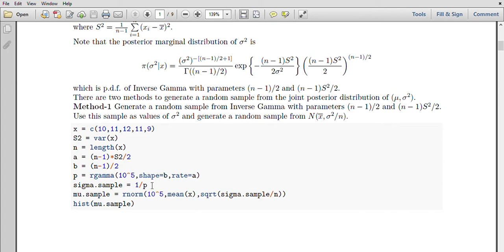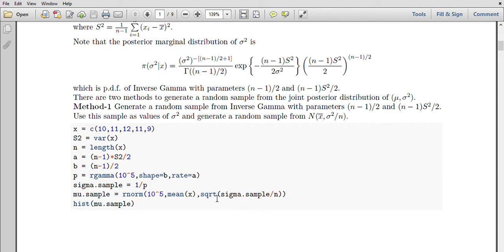Now once I have the values of sigma, I will generate a sample from normal distribution. Either you can write a for loop, or the shortcut is like this. Generate 10 raised to 5 observations from normal distribution with mean x bar and standard deviation equal to root of sigma by n.